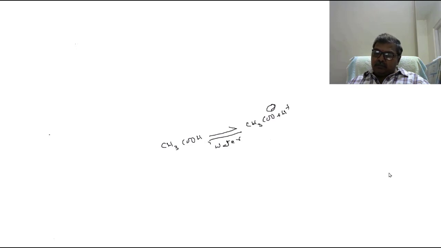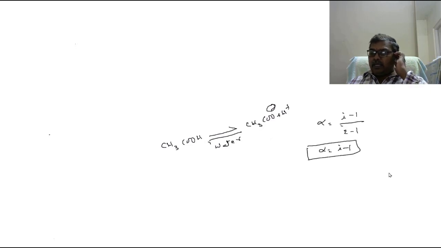So, for this, alpha equal to i minus 1 by the number of particles obtained from 1 mole of the electrolyte, which is 2 minus 1. So, alpha equal to i minus 1. This is the relationship between degree of dissociation and Van 't Hoff factor.